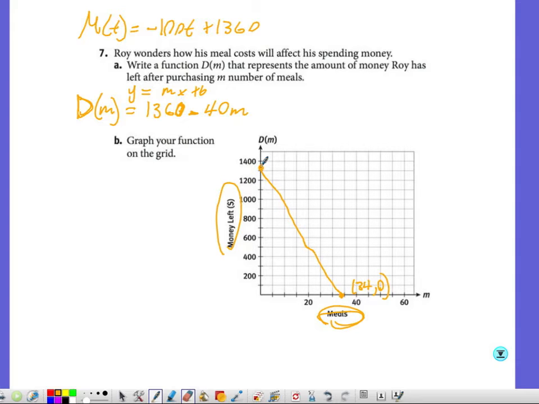The ordered pair, the xy coordinate, is 0, 1360. 1360 is the amount of money Roy has at the beginning to spend, and 0 represents the number of meals he has bought. So he's bought 0 meals, which means he has $1,360 in his pocket.